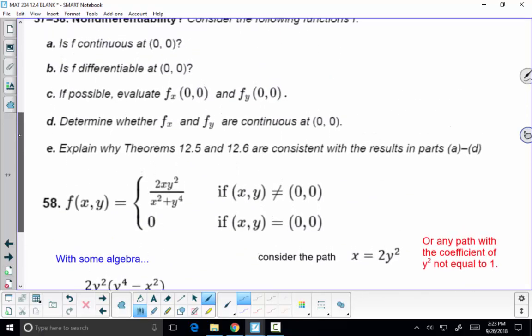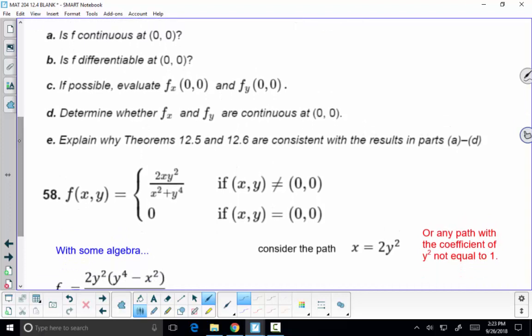All right, so here's a piecewise defined function. So first, let's decide if it's continuous at the origin. The value of this piecewise defined function is 0 at the origin. So now we need to know, is the limit of the function also 0?